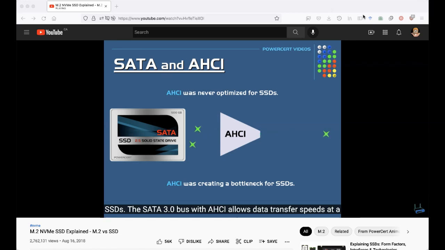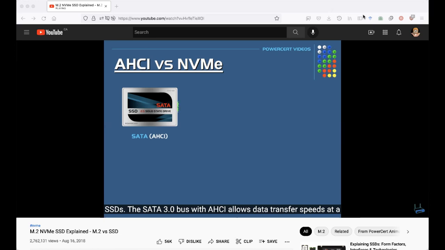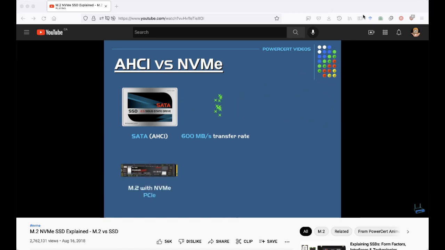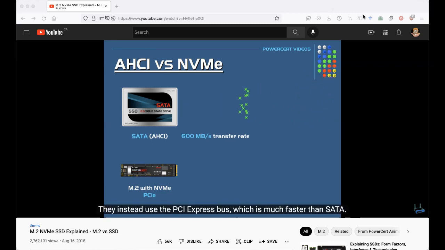The SATA 3.0 bus with AHCI allows data transfer speeds at a theoretical rate of 600 megabytes per second, which is pretty fast. However, M.2 NVM Express SSDs do not use the SATA bus. They instead use the PCI Express bus, which is much faster than SATA.